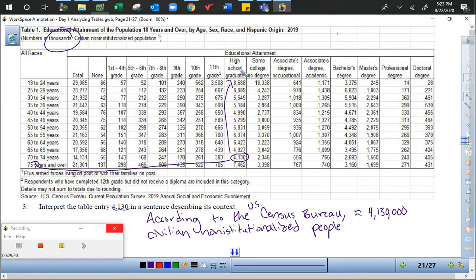I'm going to go ahead and start with age. So people aged 70 to 74 years. Make sure you get those labels on there. And then, since this was in 2019, I'm going to say had, past tense, had an educational attainment. That's what this thing was called.